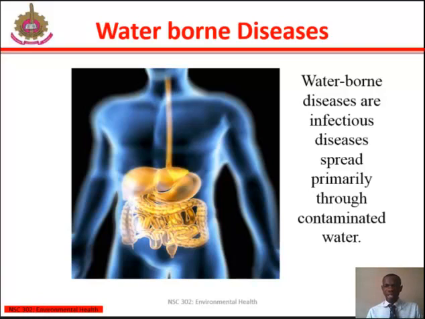Most intestinal diseases are infectious and are transmitted through fecal waste. Pathogens, which include viruses, bacteria, protozoa, and parasitic worms, are disease-producing agents found in the feces of infected persons. These diseases are more prevalent in areas with poor sanitary conditions.